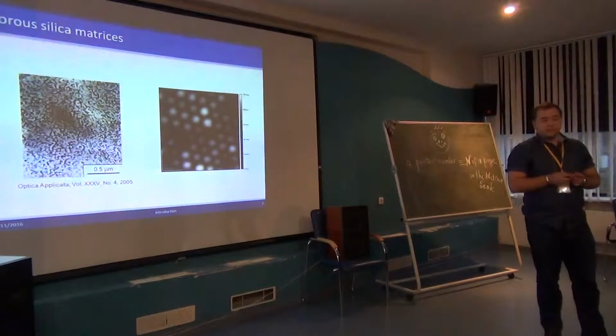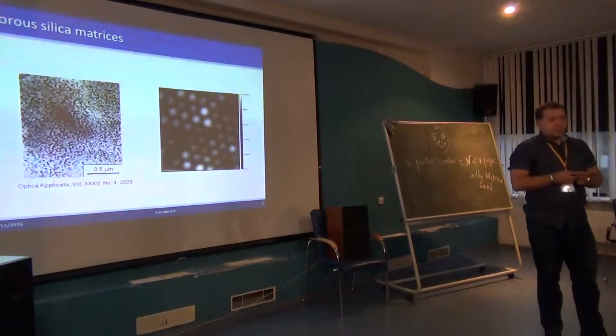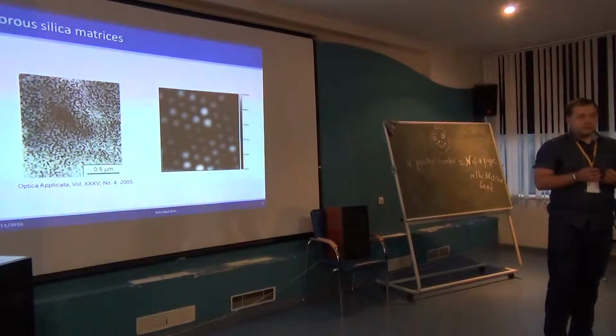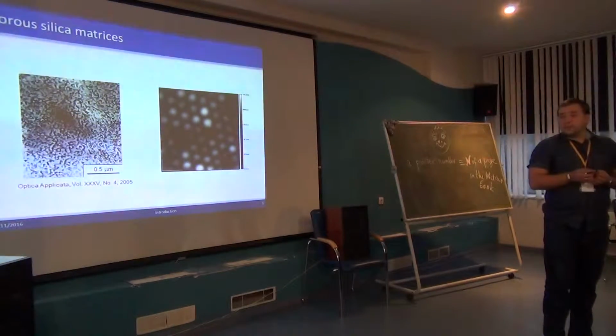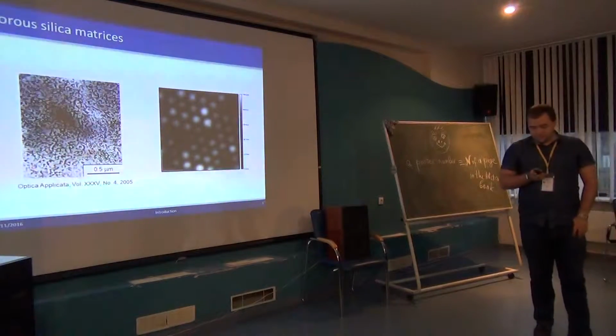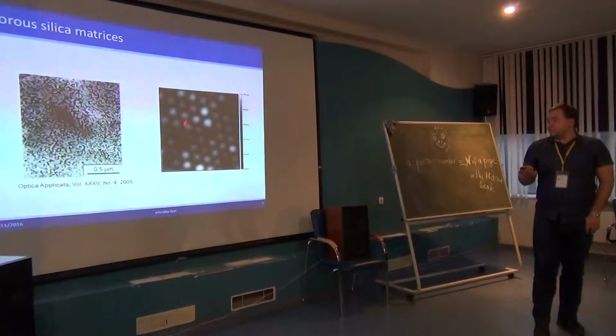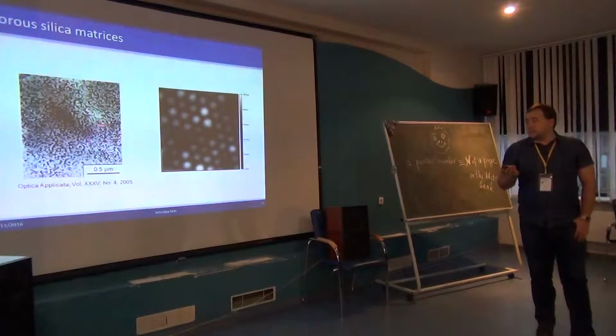the sample under investigation. In such a case, the good idea appears to use three-dimensional matrices which contain separated small metallic particles, and as these matrices are usually used porous silica matrices, for example, synthetic opals and porous glasses.